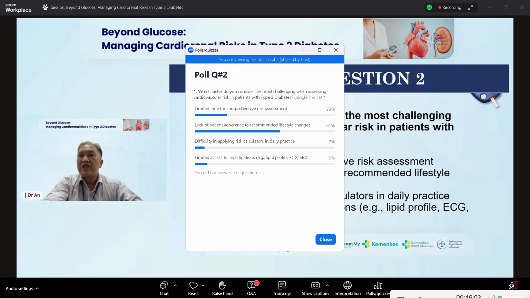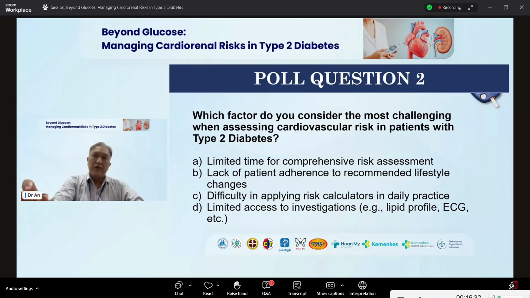It's reasonable for all, a hotspot in low middle income countries with very crowded patients every day. And the last one is the limited access to investigation, only 9%. And the lowest is the difficulty in applying risk calculators in daily practice, 7%. Two of them will be a barrier for our work.